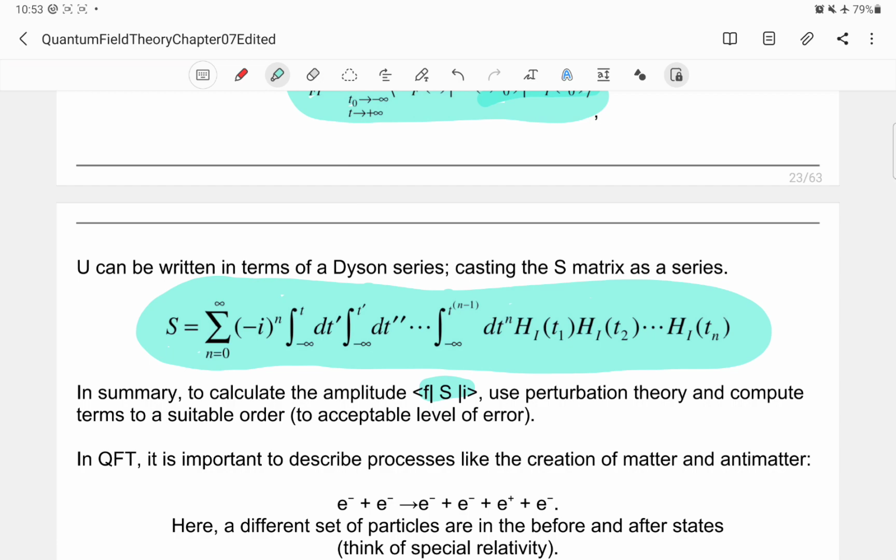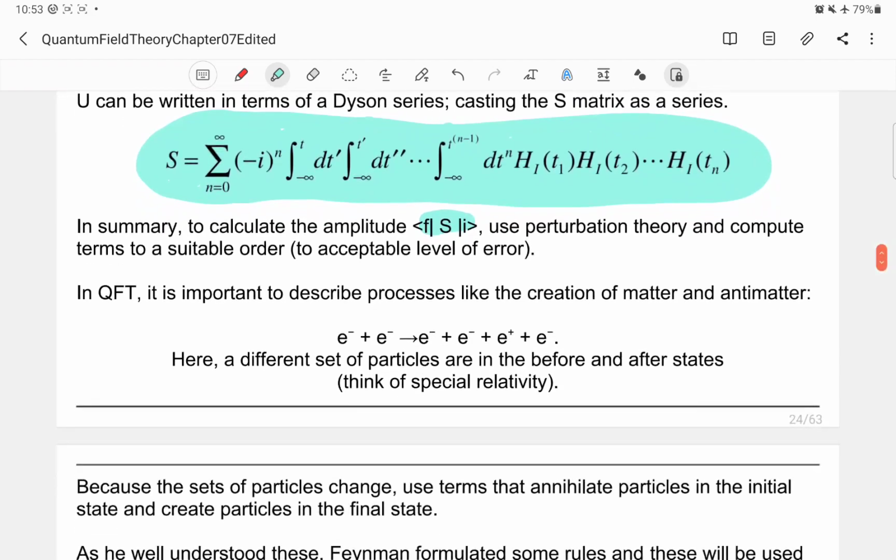In quantum field theory, it is important to describe processes like the creation of matter and antimatter. Say, for example, this interaction here coming initially from two particles, two electrons, and then you will have a final state of four particles, three electrons plus a positron.